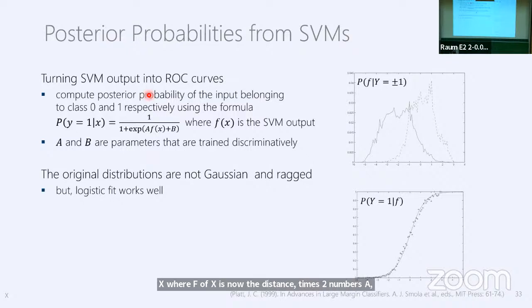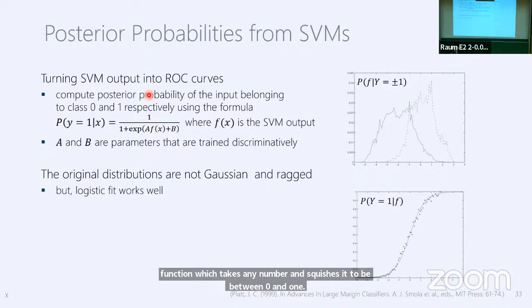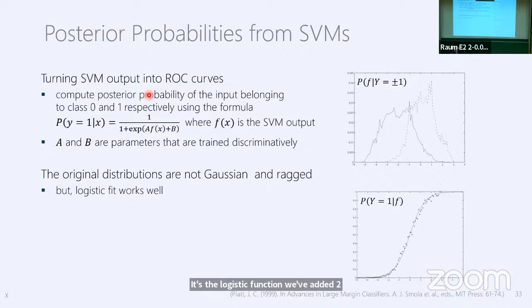And this is essentially the function which takes any number and squishes it to be between 0 and 1. It's the logistic function. We've added two parameters. A scales the input. So if I have margin scores that are on a very large scale, I can just multiply them by a small number to squish them into a good range. And B adds bias.